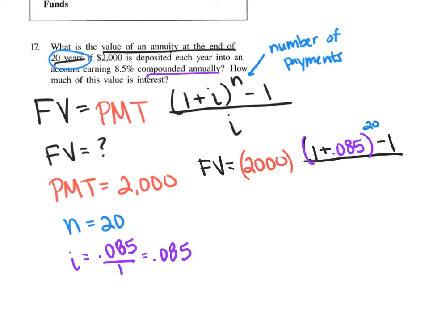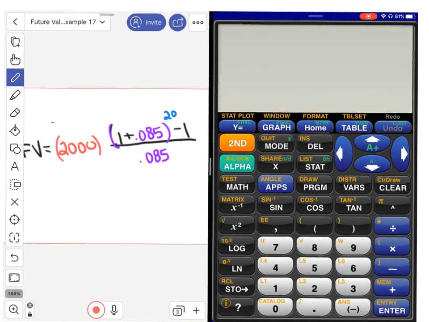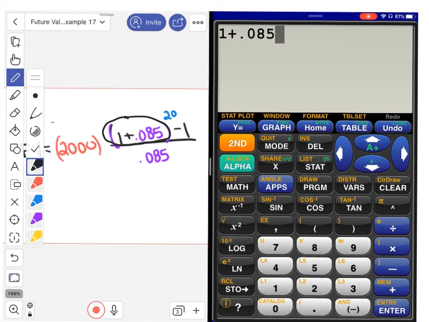And for this particular problem, I'm going to divide by the I, which is 0.085. So the first thing I'm going to do is work the inside of 1 plus 0.085 first. And I get 1.085. Then I'm going to take that answer, carry it, and raise it to the 20th power next.